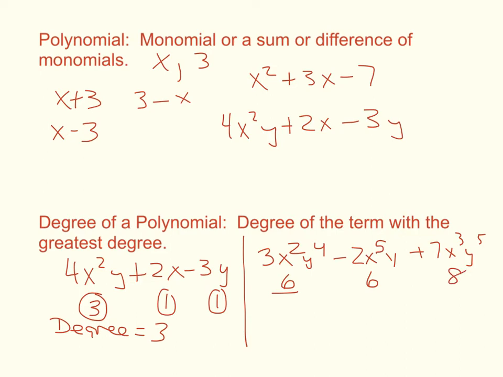Because remember, to find the degree of a monomial, we add the exponents together. So we look and find, okay, 6, 6, 8. Which one's the largest? 8 is the largest. So this has degree of 8. So the degree of the polynomial is the degree of the term with the highest power.